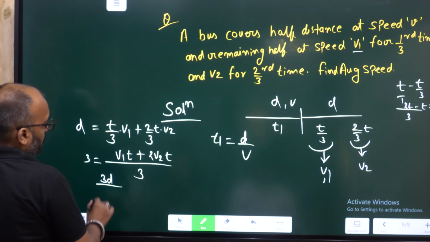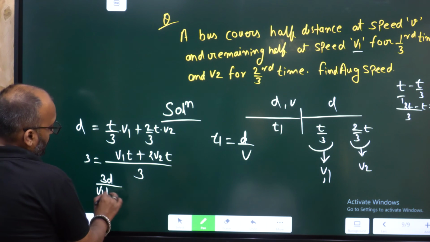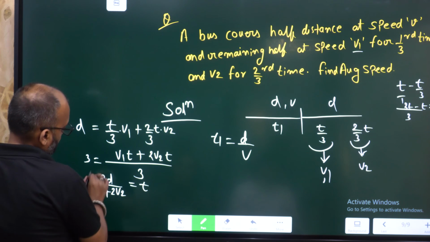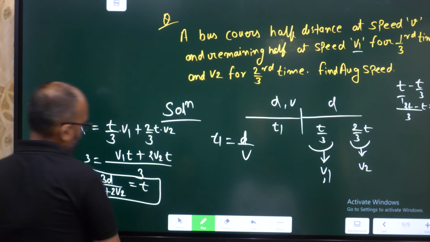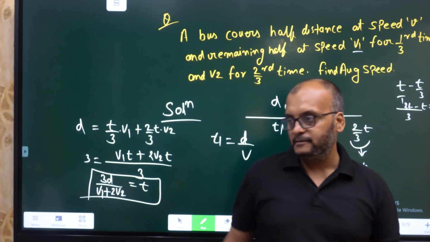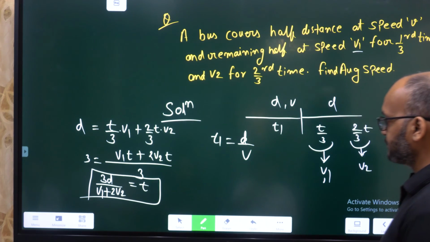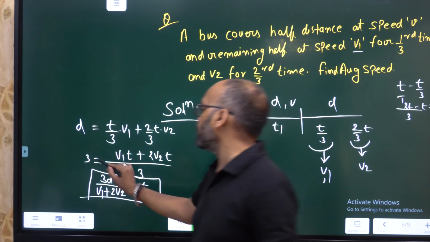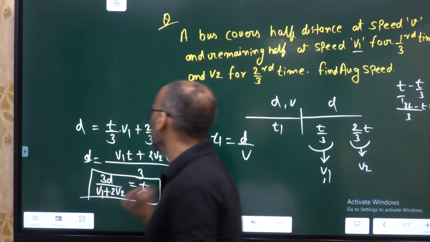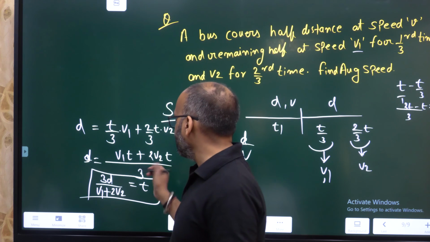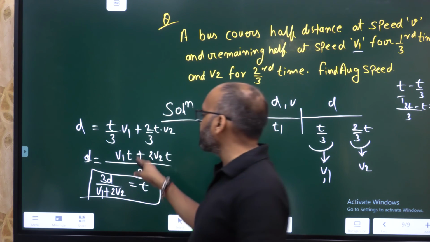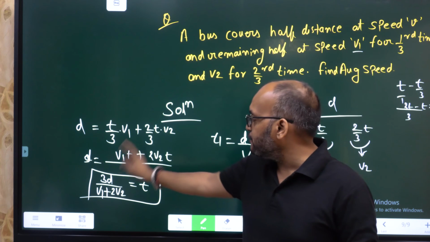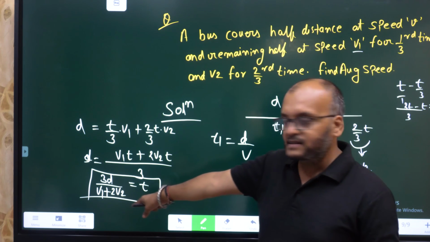Take T common: T into V1 plus 2V2. Nothing, I just transferred 3 to the opposite side. D is here, so it became 3D. Then I took T common from the numerator, so I got V1 plus 2V2. So I transferred V1 plus 2V2 to the other side.